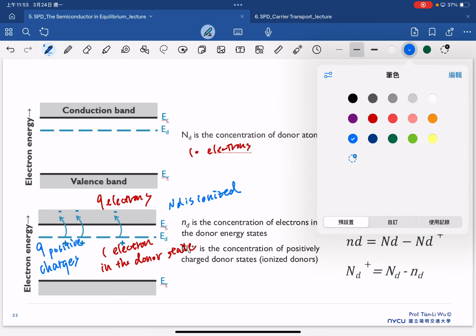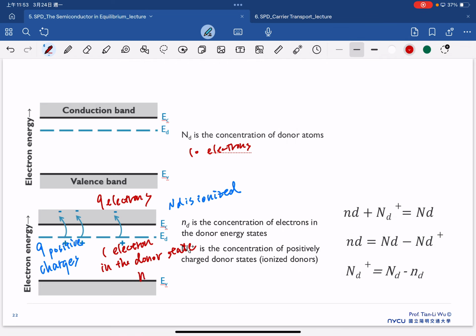The bottom one we call ND, and then the left-behind positive charge is called ND plus here, and we also have the ND here.